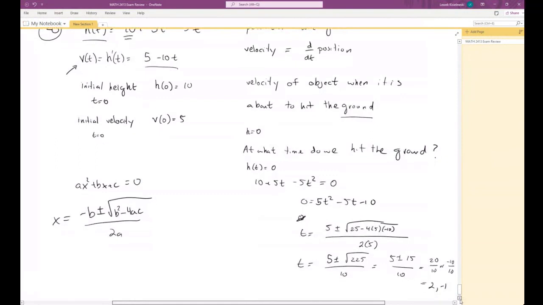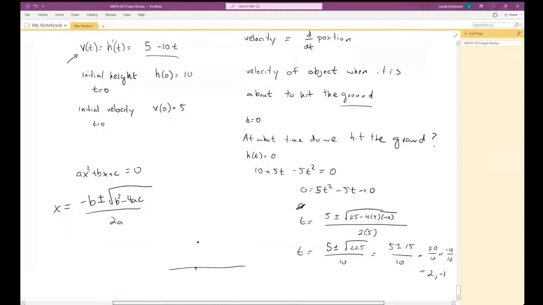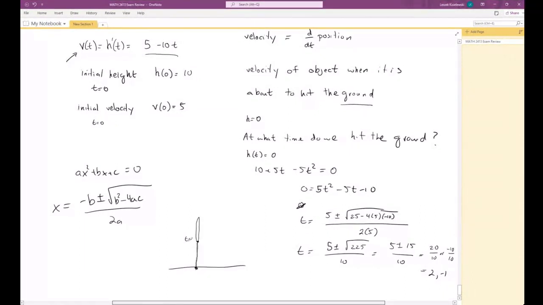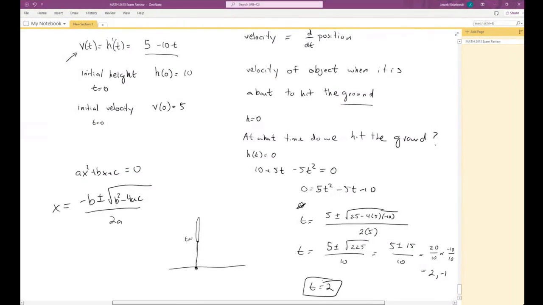Do both of these answers make physical sense? Well, it's like if you had gone into the past, a second before, you would have been at ground level. At time 0, you're at a height of 10. And the positive time is what you want. At time equals 2, you hit the ground. So we would just choose the positive answer.